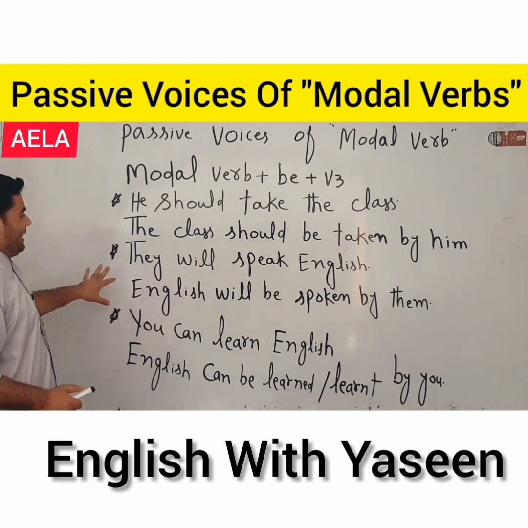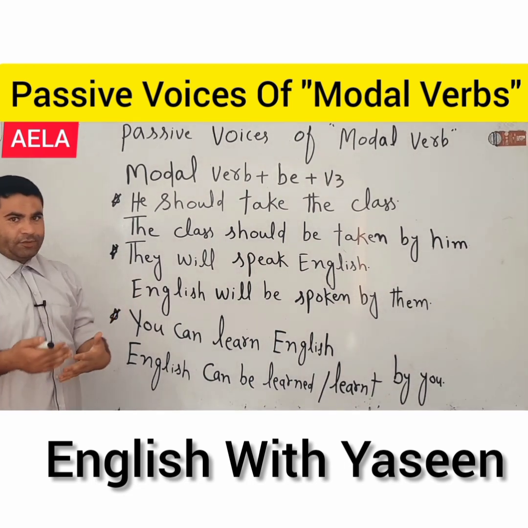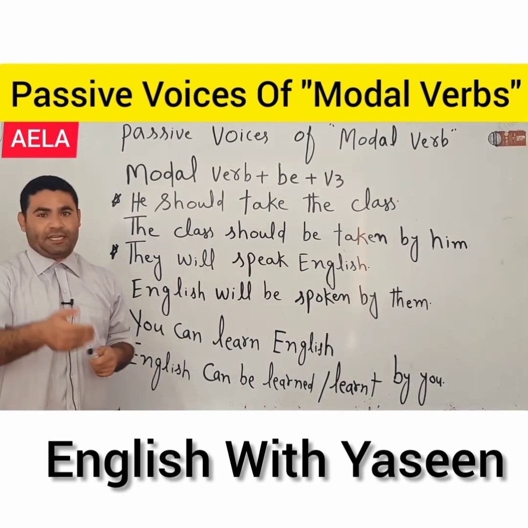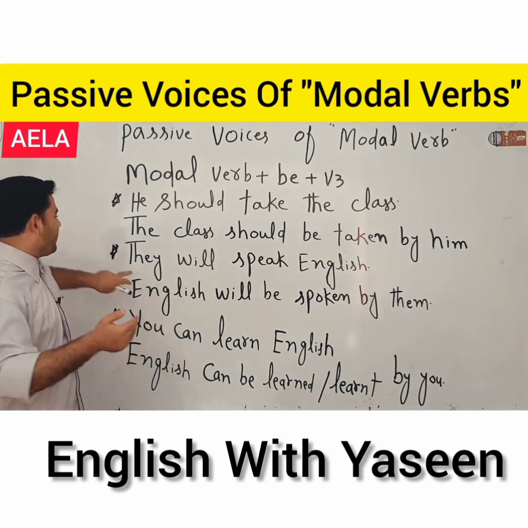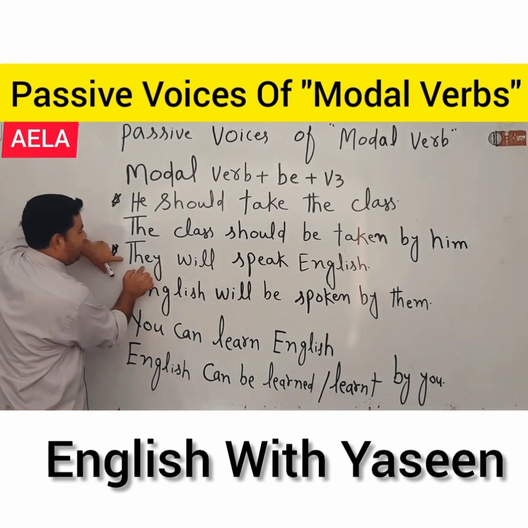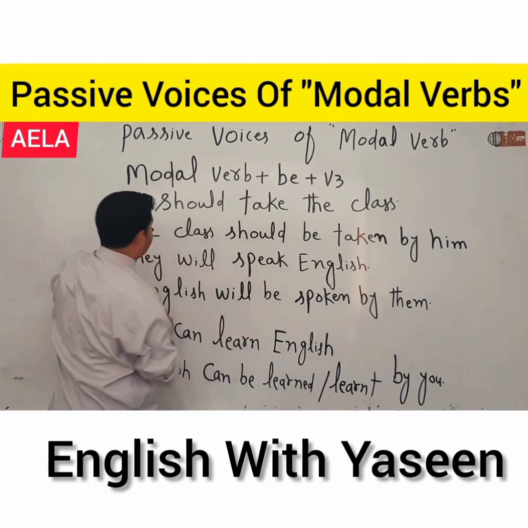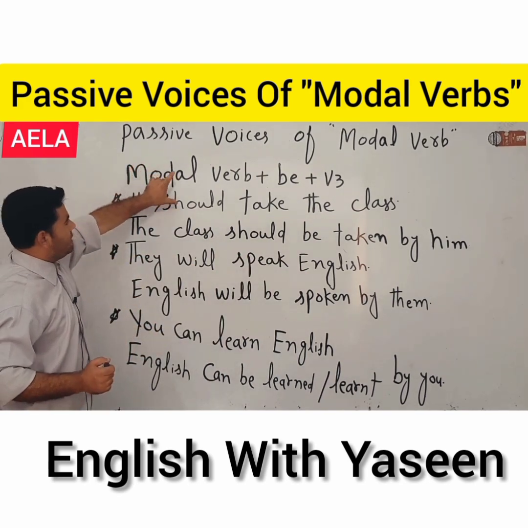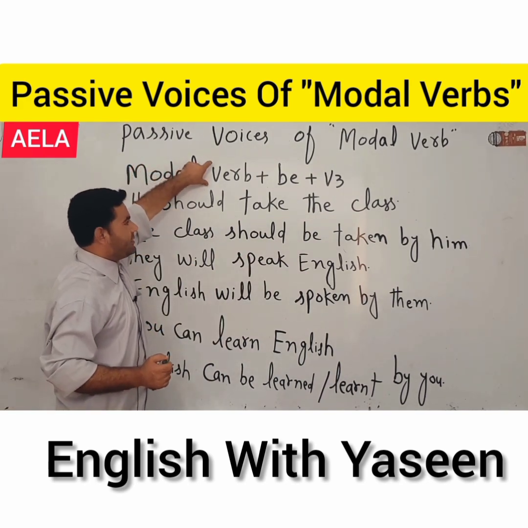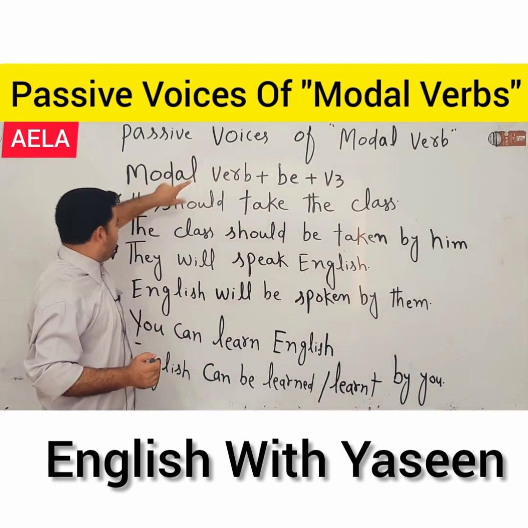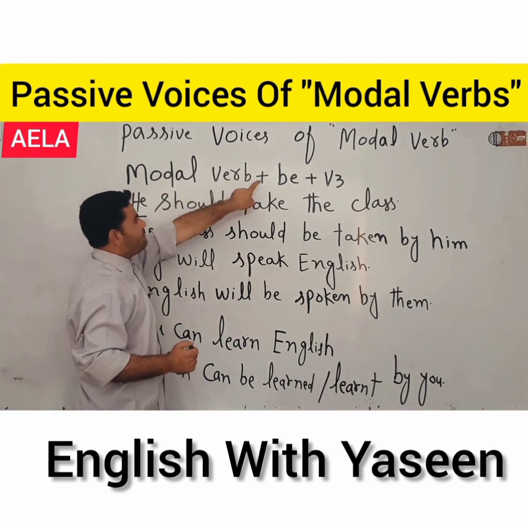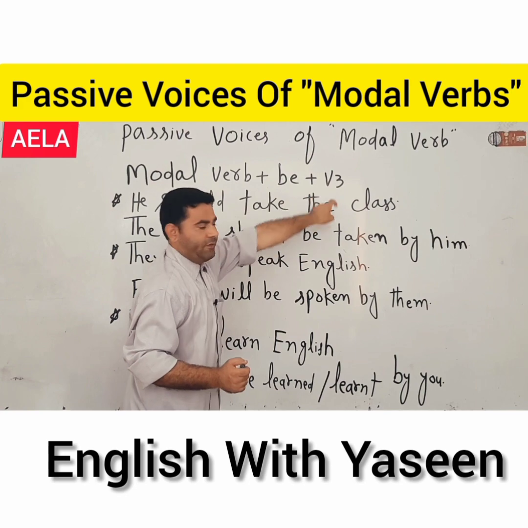Look at the next example. As I told you, you can take it as a tip for future tenses also. So if you look at this sentence, for example, they will speak English. Just don't forget this formula: modal verb plus be plus third form of verb.